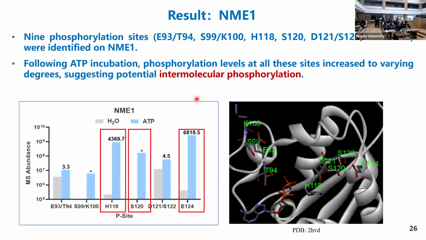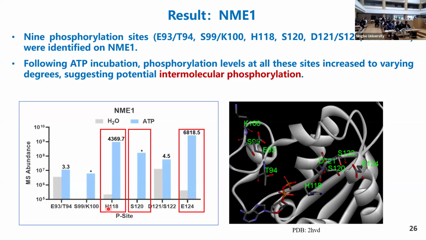And more significantly, for the protein NME1, we also identified a lot of phosphosites. Especially interesting is that there are also nitrogen, oxygen, and carboxyl group sites, all of which can be phosphorylated.